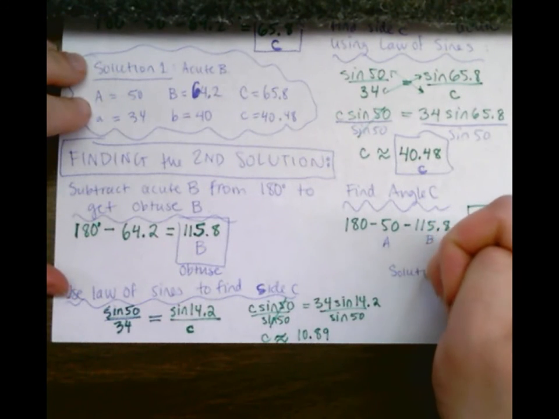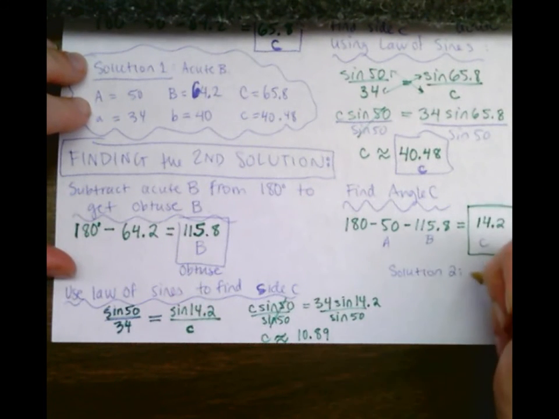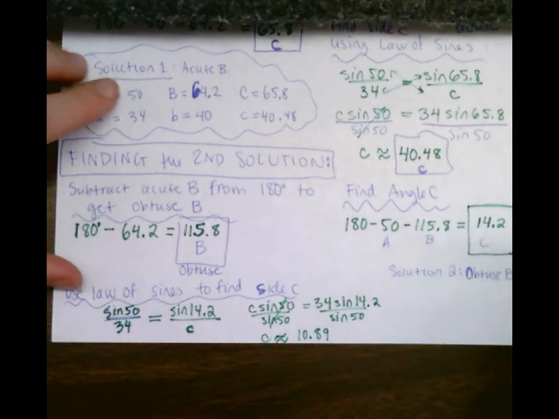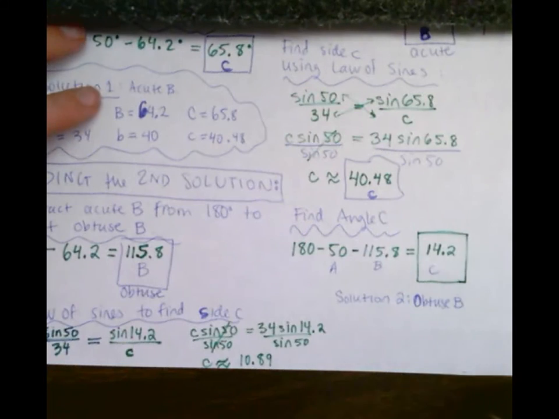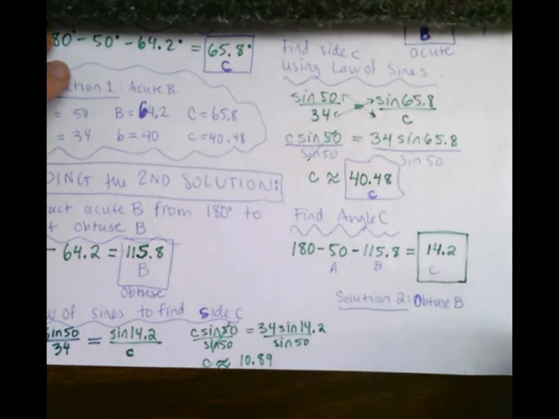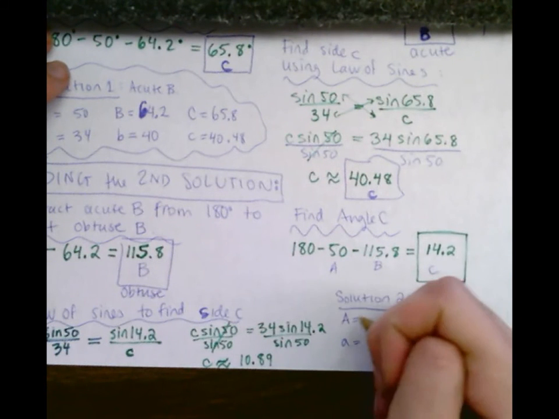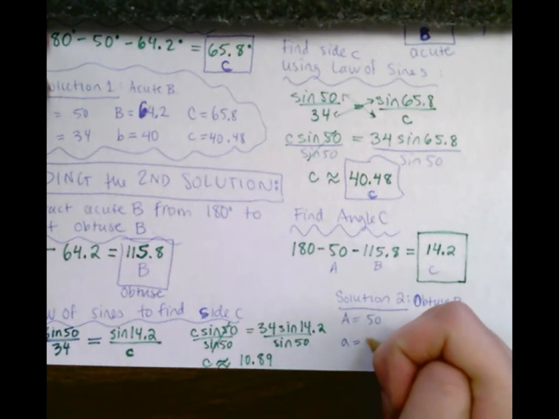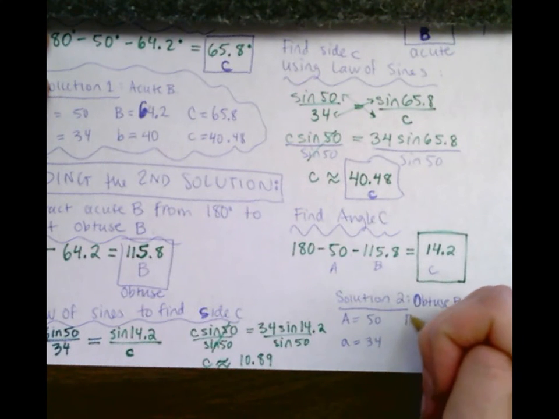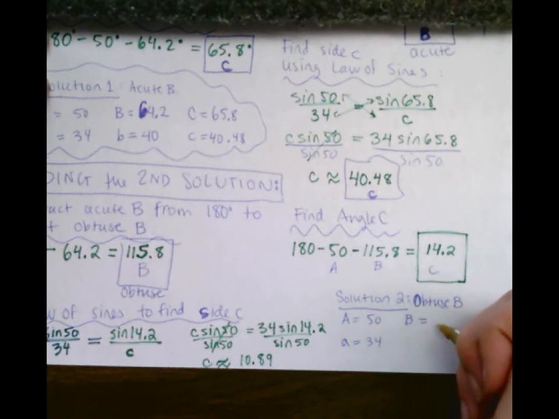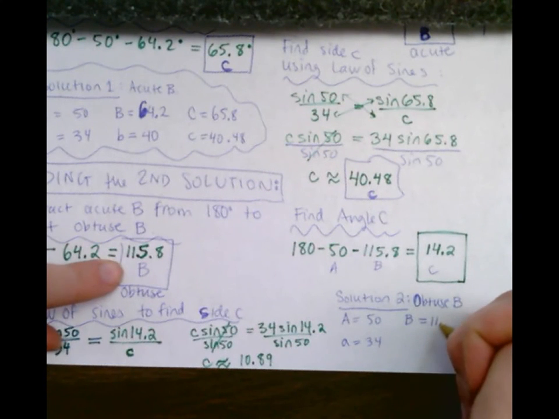So solution 2, this is where we have the obtuse B. Little a and big A stay the same. Big A is still 50, little a is still 34. Big B has changed. Big B is now 115.8.